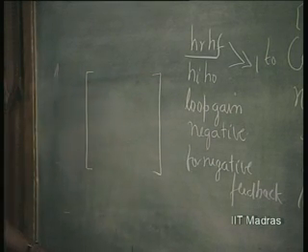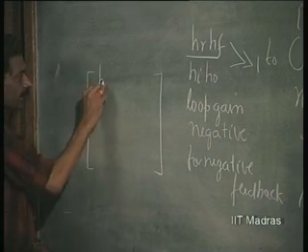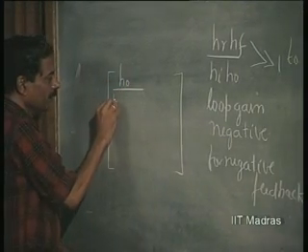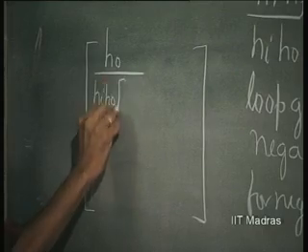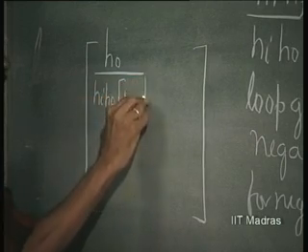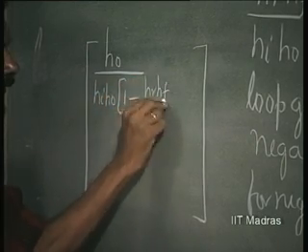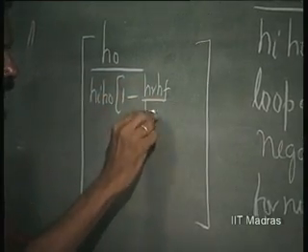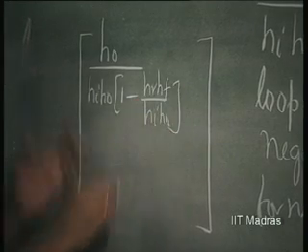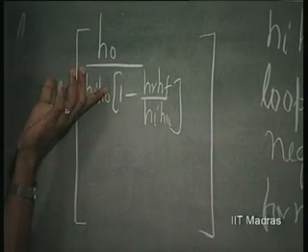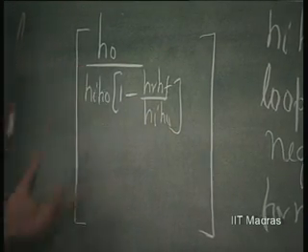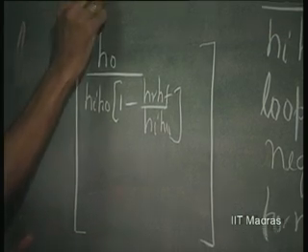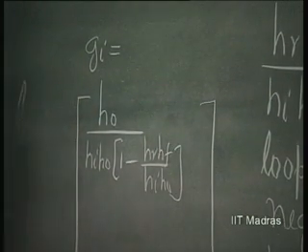The first parameter is H naught divided by H I H naught into 1 minus H R H F divided by H I into H naught. This is the G I. Earlier we had written the same thing. So, H naught gets cancelled with H naught.